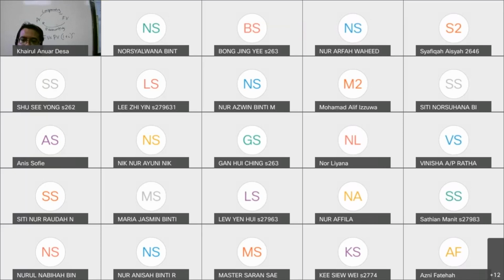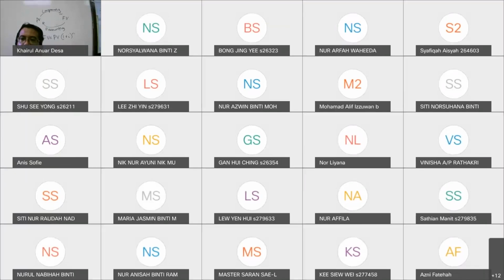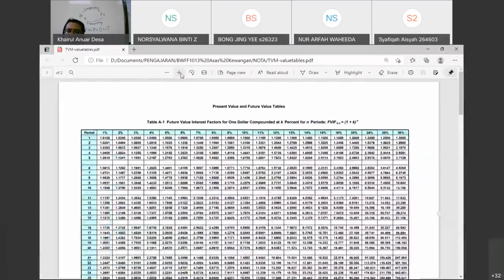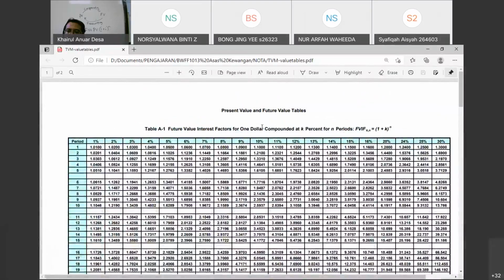Sekejap, kita balik pada table tadi. Where is the 10%? Okay, 10% here. So, di mana tadi? Nampak di mana jawapan tadi yang kita dapat?